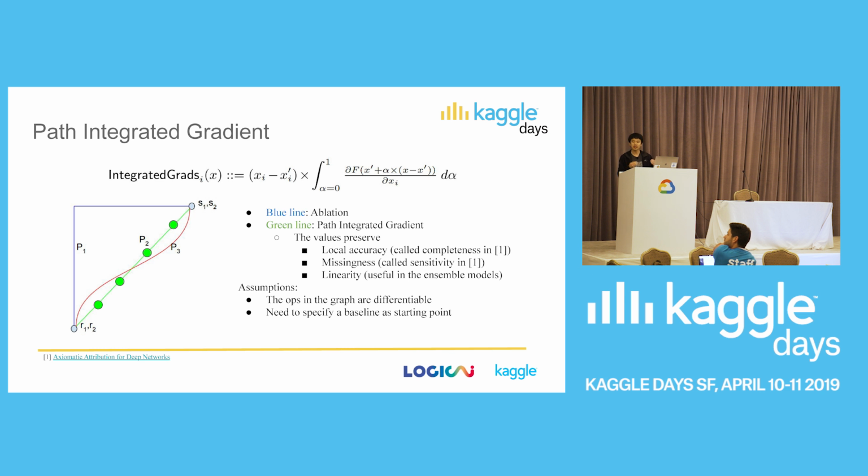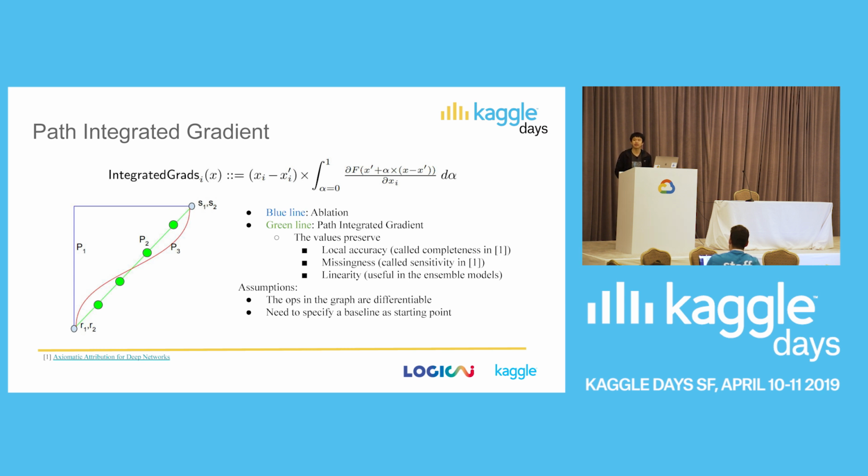Means if you sum them up, all the feature attributions should equal your prediction minus the baseline's prediction, because you start from a no-information state. It also satisfies missingness, called sensitivity. That means if the feature is the same as the baseline, if you don't walk in the path, the feature will be assigned 0 attribution.